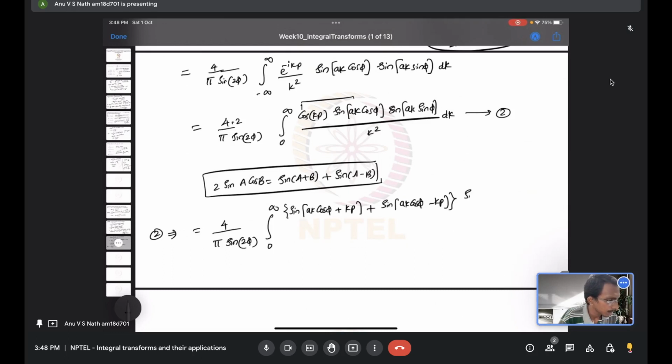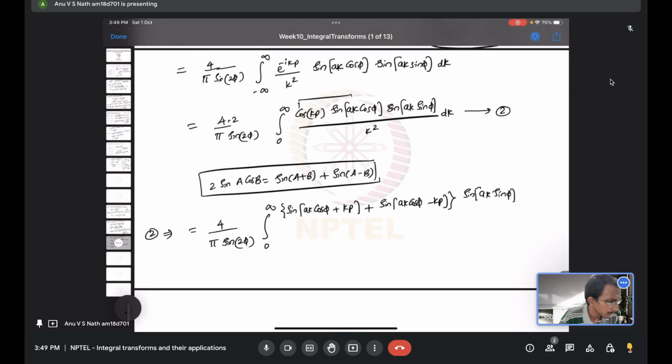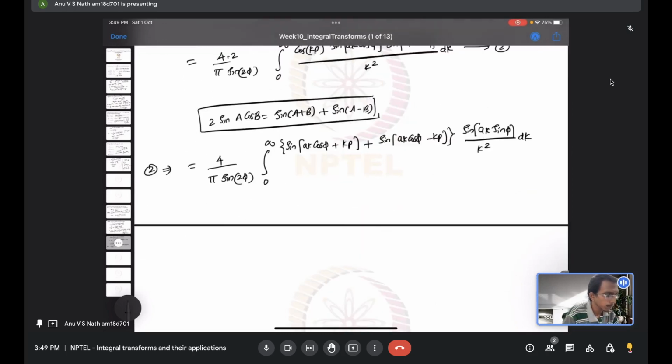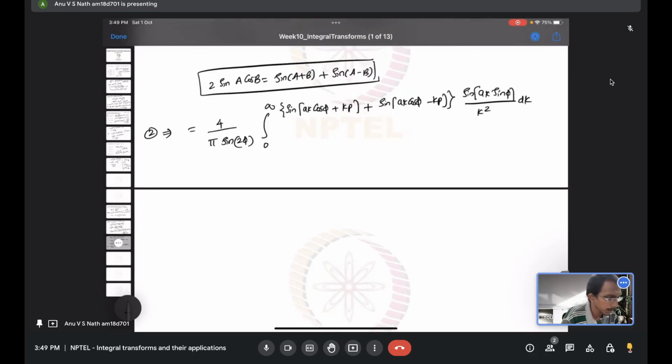Then the remaining part sine ak sine phi divided by k square, then dk. Now we can split it into two separate integrals, both having identical forms. We will come to that.